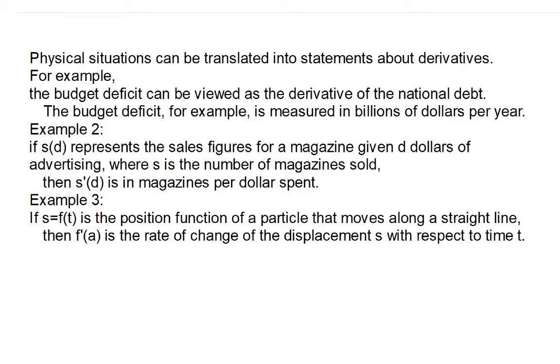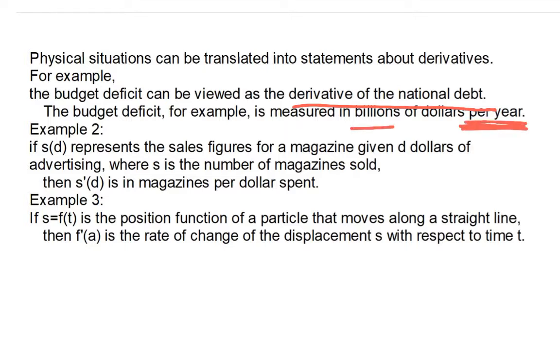So just from doing this problem, you can tell that physical situations can be translated into statements about derivatives, because we just did one, and that was about the ball dropping and what the derivative stands for. So here's some examples. The budget deficit can be viewed as the derivative of the national debt. The national debt is in dollars, and so the budget deficit, for example, is measured in dollars per year.